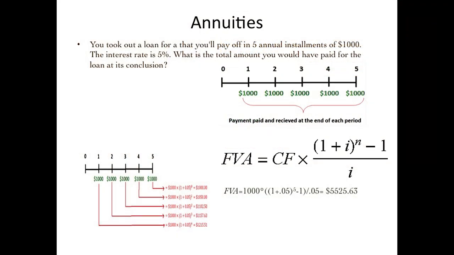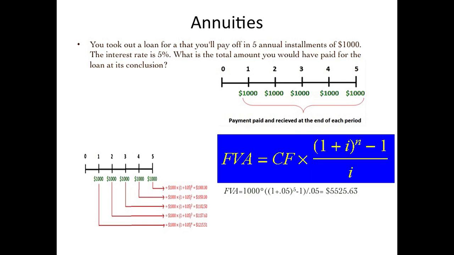So here in this case, let me introduce you to the first annuity formula, which is given here on the slide as future value of annuity, that's the FVA, equals CF, the cash flow, a typical cash flow in this annuity stream, multiplied by 1 plus i, i being the interest rate every period, raised to the power n, then minus 1, and the whole thing divided by i, the interest rate.